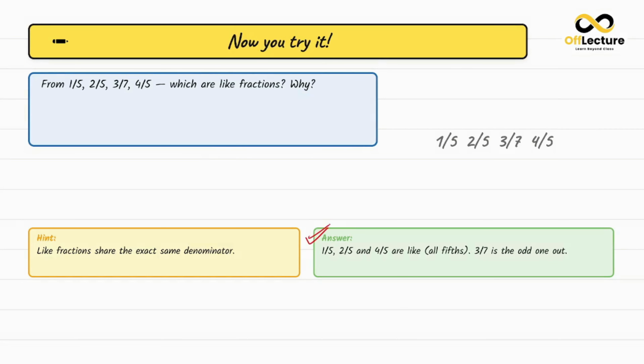So the answer is clear. 1 by 5, 2 by 5 and 4 by 5 are like fractions because their denominators are the same. 3 by 7 is the odd one out, so it is not a like fraction. These three are the like fractions.